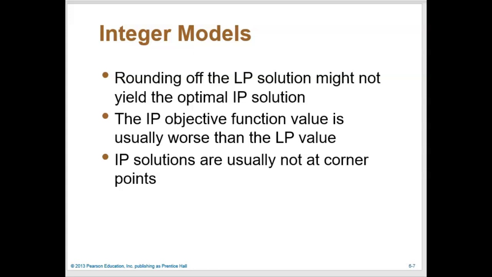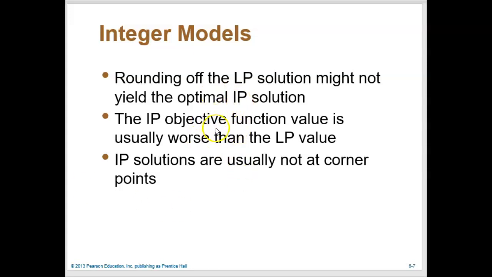The actual value of this integer variable is limited only by the constraints in the model. So values such as 0, 1, 2, 3, and so on are perfectly valid for these variables as long as they satisfy all the constraints included in your model.